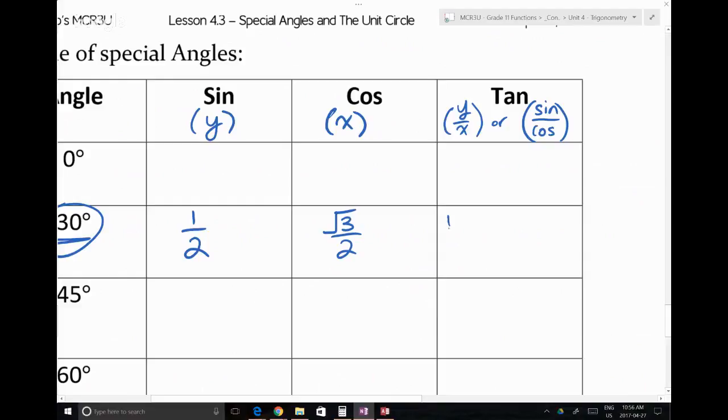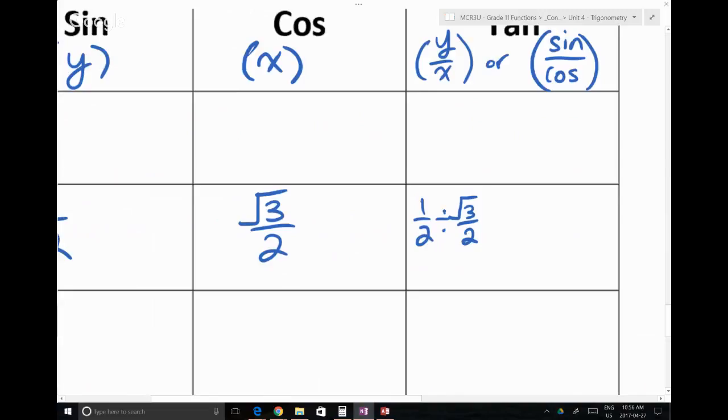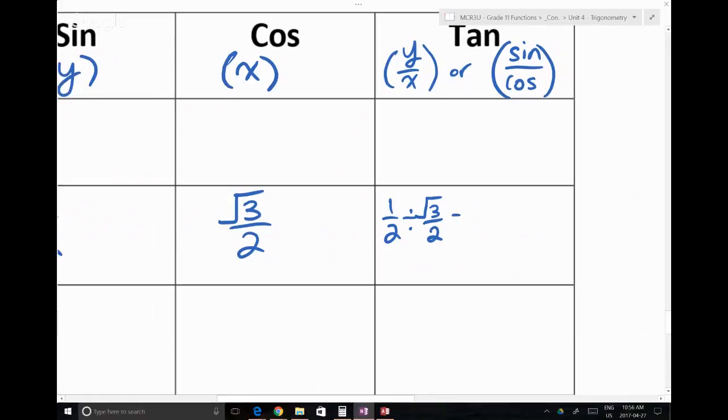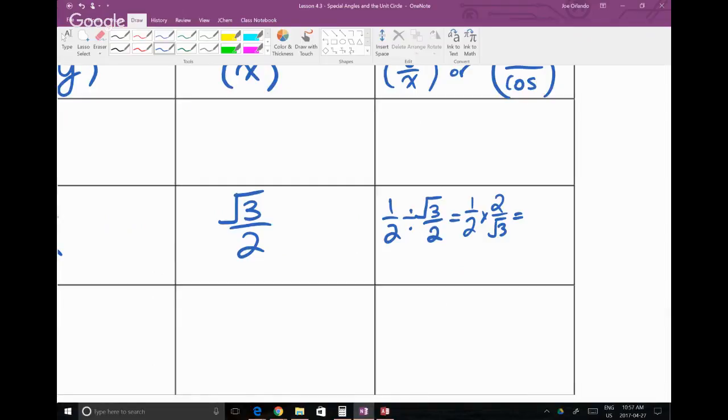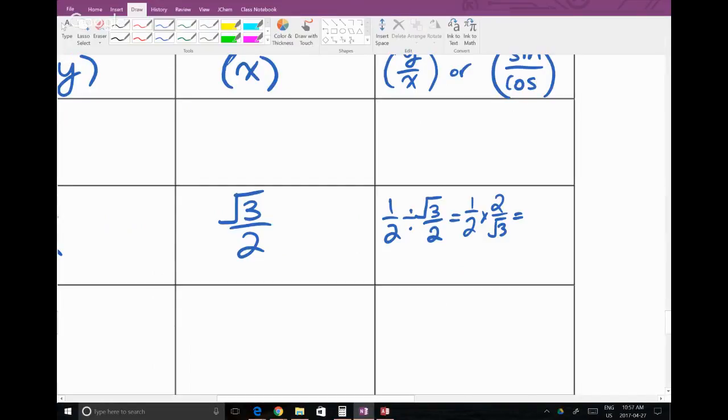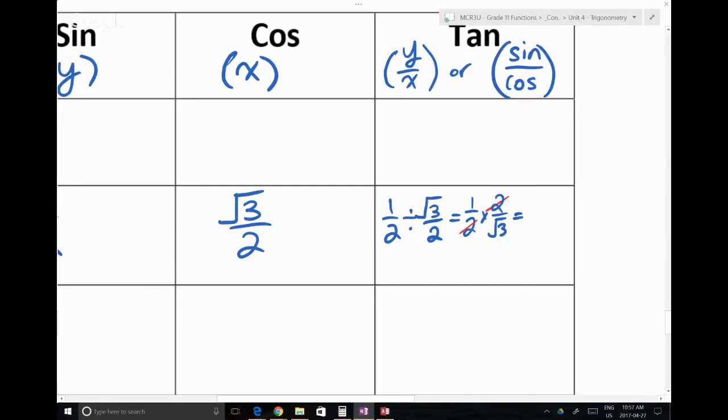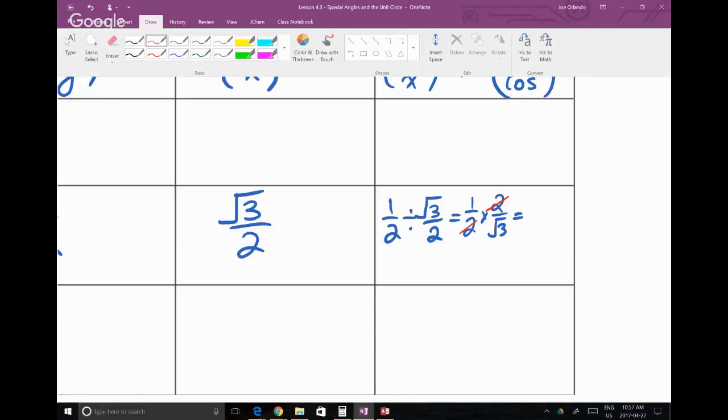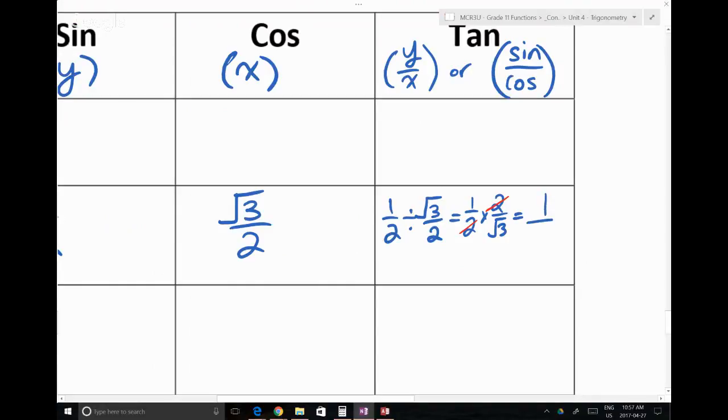Sine was 1/2. Cosine was √3/2. We know our division rules. We can rewrite that as multiplication. That would be 1/2 times 2/√3. And then when we actually do that multiplication, 2 and 2 cancel, and we end up with 1 over root 3.